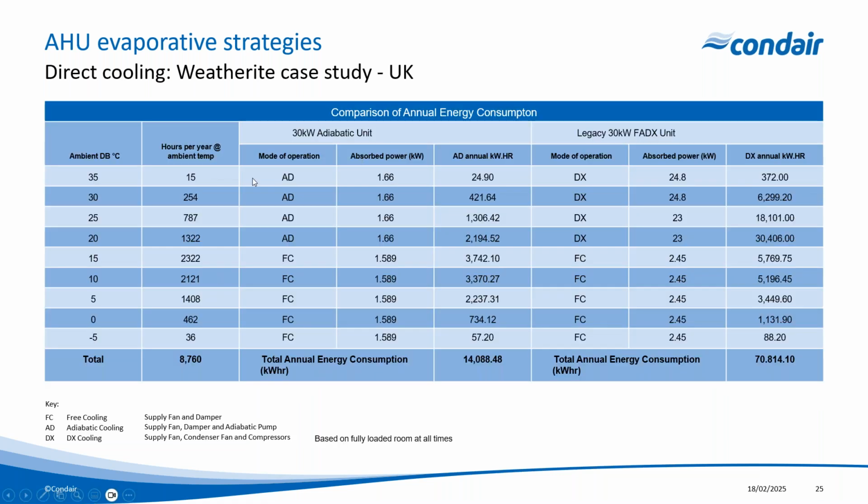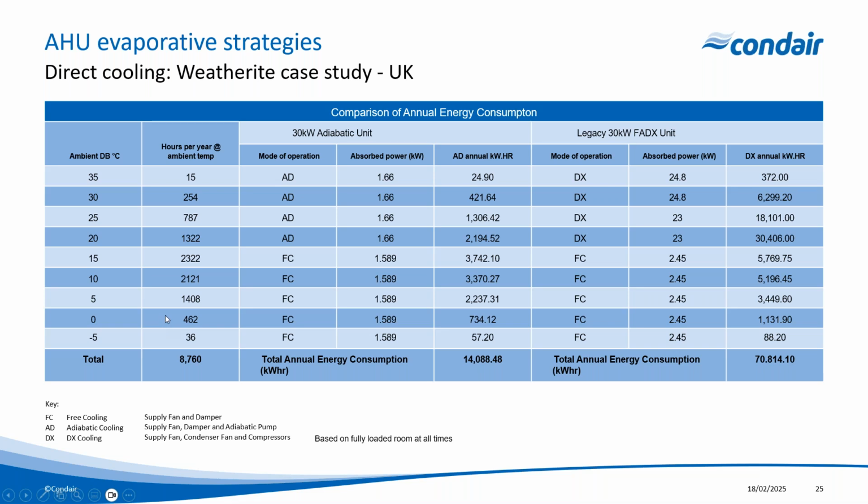But what does that actually mean for the overall efficiency of the adiabatic system compared to the previous DX cooling system? So we've got a lot of data here on this screen, but we'll break it down for you. So on the left side, we have the ambient air temperature in degrees Celsius going from -5 up to 35 degrees C. The next column over, we've got the hours out of the year that will experience those ambient air temperatures.